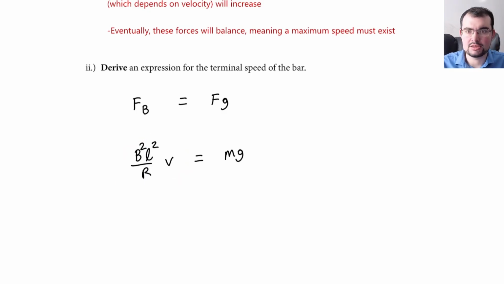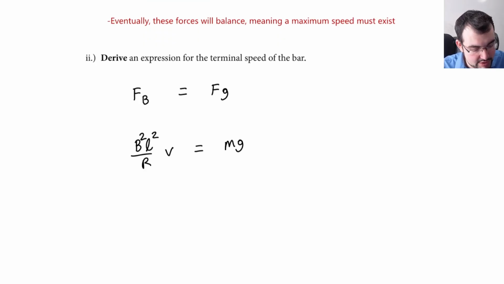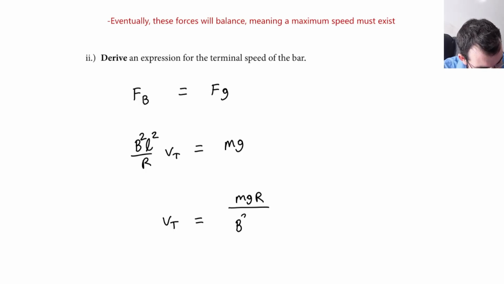And again, it's because F is B I L, I is EMF over resistance, and EMF is B L v. Cool. So what is v terminal? Well, v terminal would just be sending everybody else to the other side. So we'd get mgR, which looks like a torque, but it's not, divided by B squared L squared.